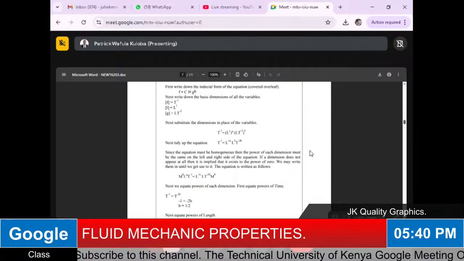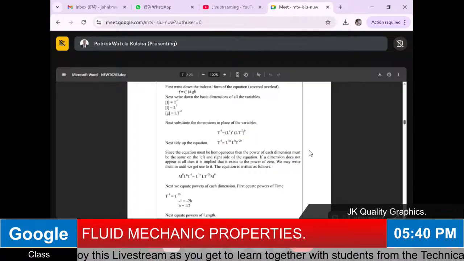That equation is given there. I'll write that down, I've already gone through it. So the next step is to substitute the NLT equation in the main equation. F is equal to C L raised to A G raised to B.